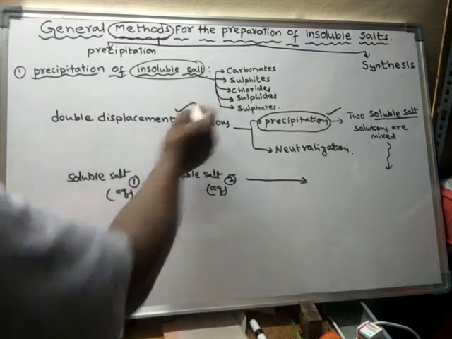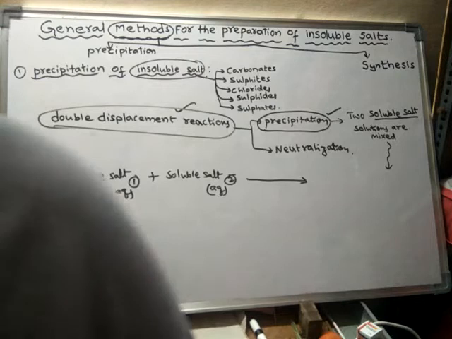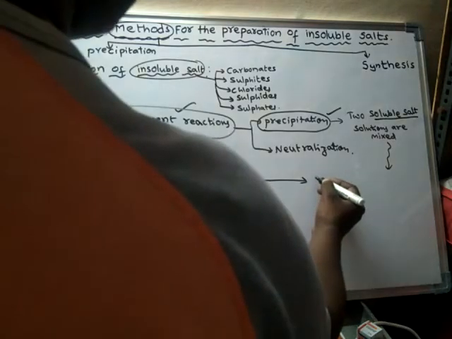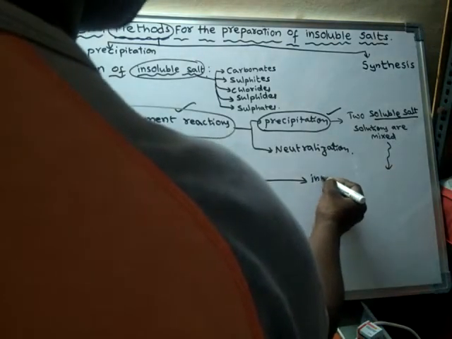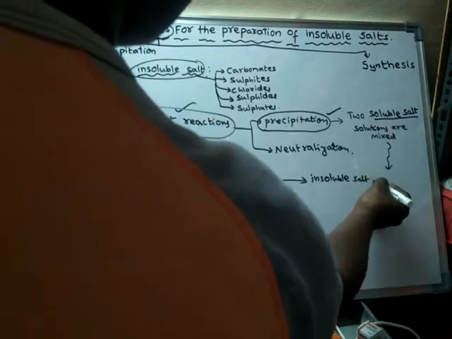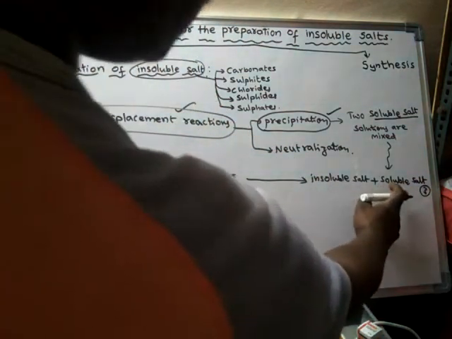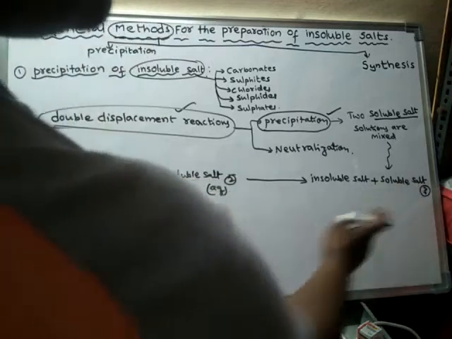What type of reaction takes place? Double displacement reaction takes place between these two. As a result, you will get an insoluble salt, and another one is a soluble salt, a new salt. So these two are different salts, and the soluble salt obtained is also different.